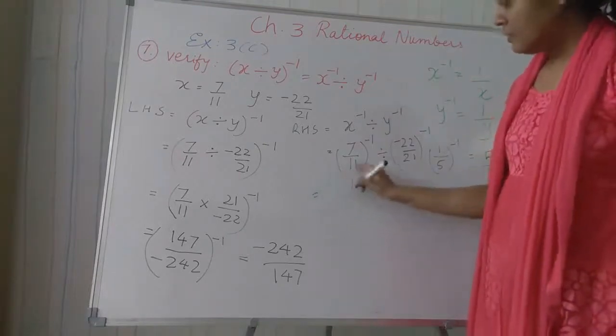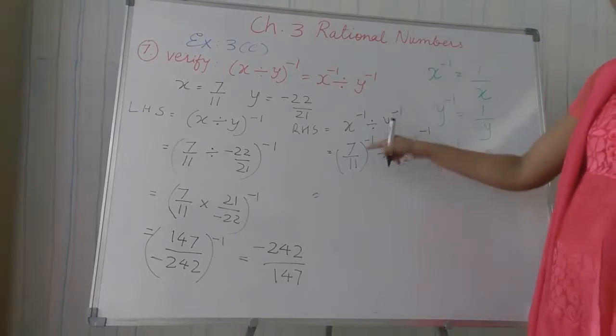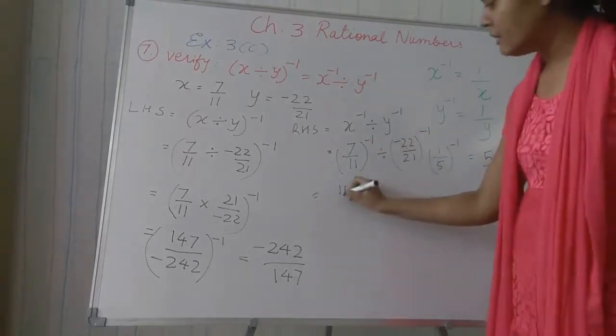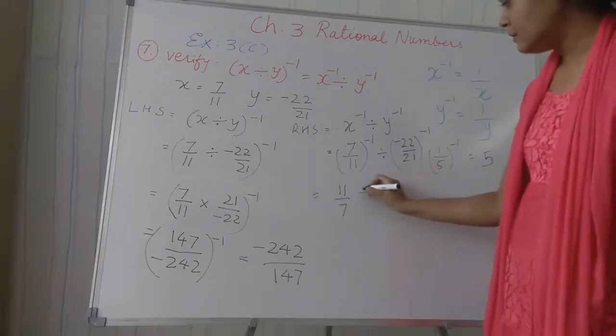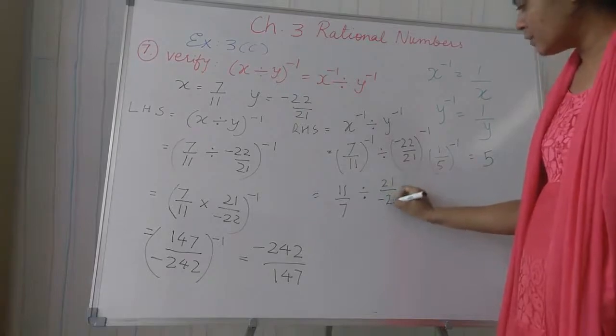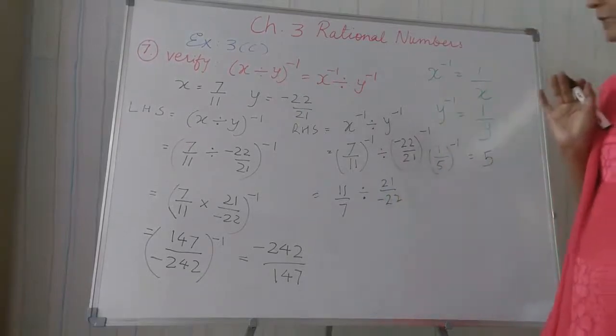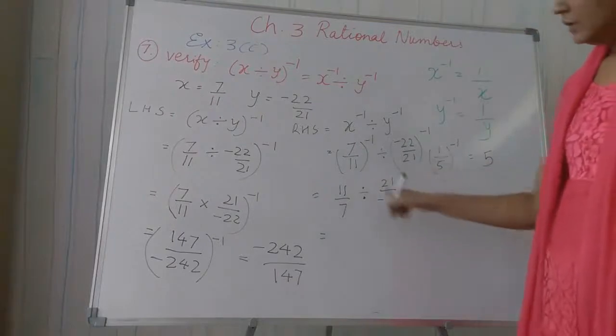So here we will take reciprocal of it to change this minus 1 to plus 1. So 11 by 7. Now no need to write any power. Then division sign, 21 by minus 22. Again no need to write this minus 1 as we have taken reciprocal first.